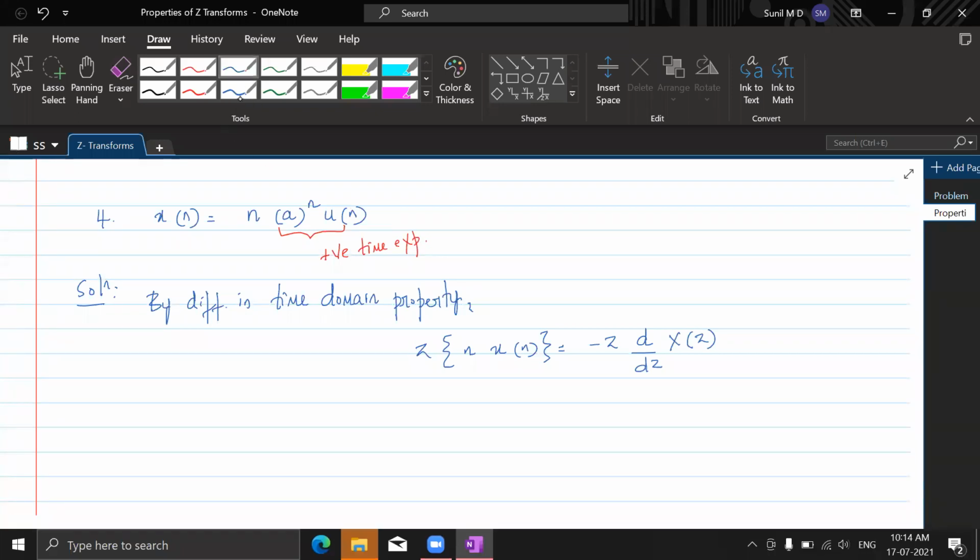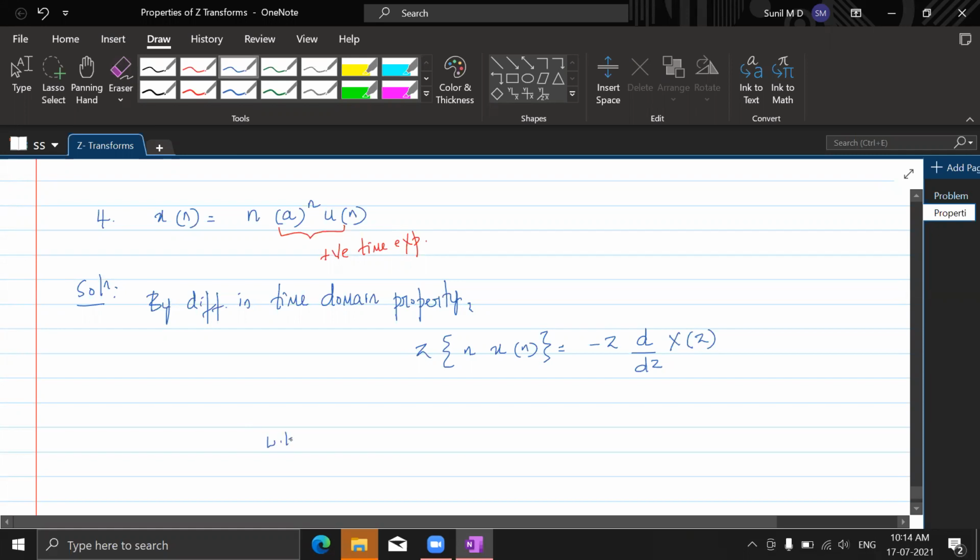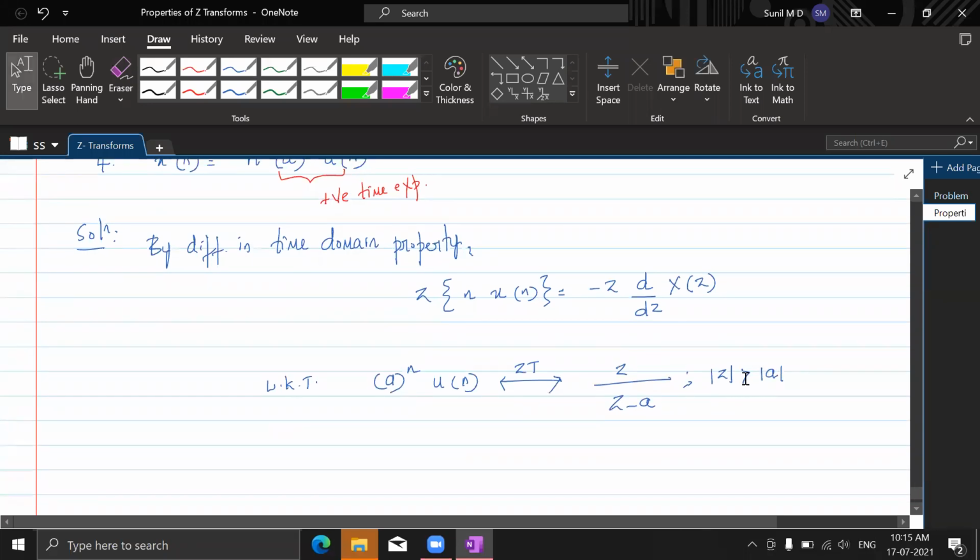Fine, to begin with. So we know that the z transform of a power n u of n is actually what? z by z minus a with ROC z outside the circle with radius a. So we know this, right? So if it is so, therefore, what is the z transform of n a power n u of n?